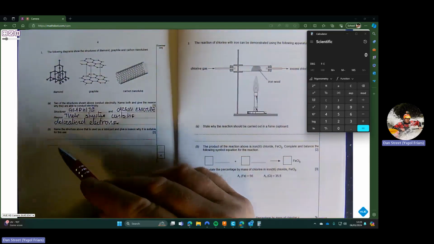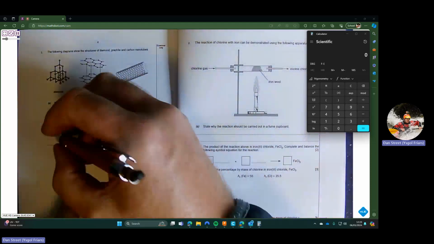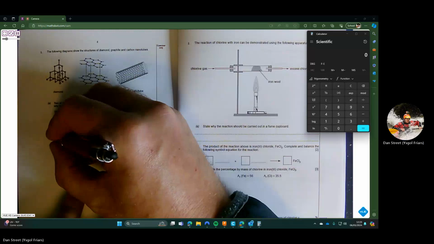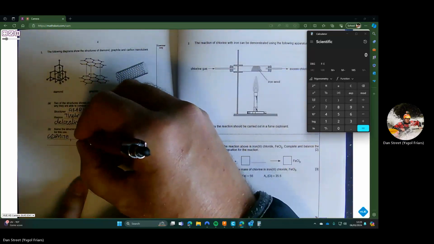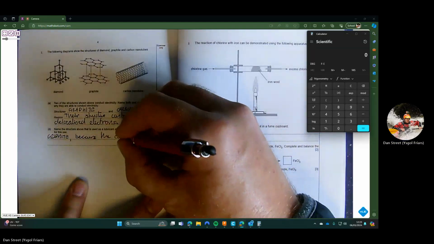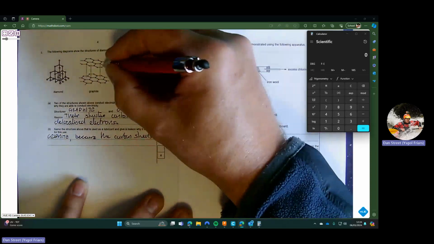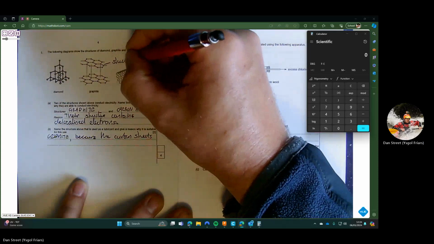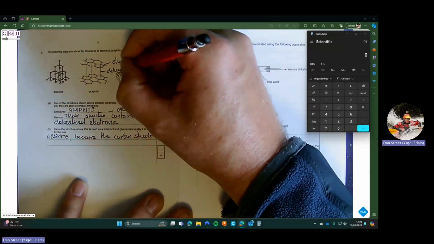Okay, name the structure above that is used as a lubricant and give a reason why it is suitable for this use. So again, that's graphite, and it's because the carbon sheets, okay, so these are the sheets here, and these are the delocalized electrons.